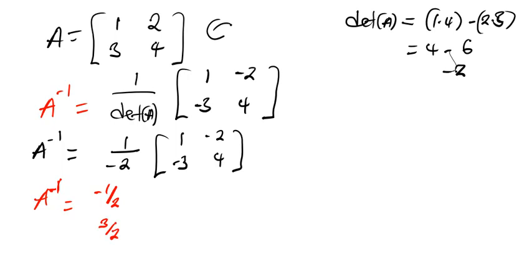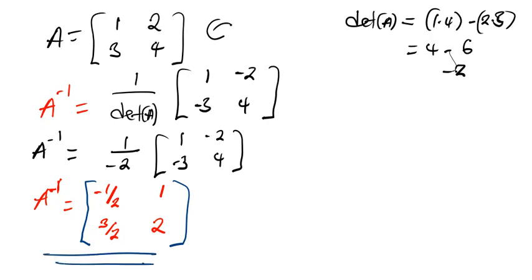Then negative half times negative 2 becomes 1. Then negative half times 1 becomes negative half. So this is the inverse of matrix A.